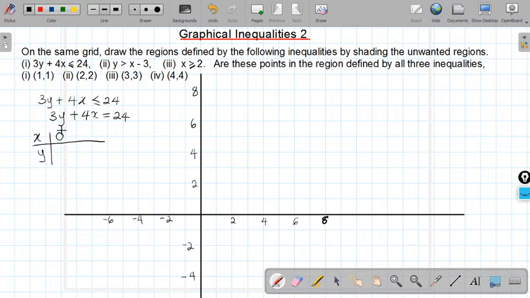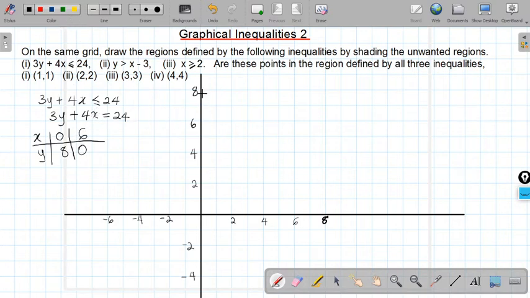When x is 0, y will be 24 divided by 3, so y will be 8. When y is 0, x will be 24 divided by 4, and that gives us 6.